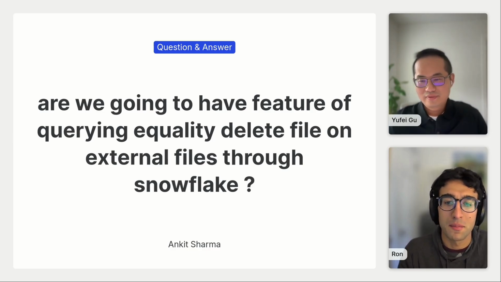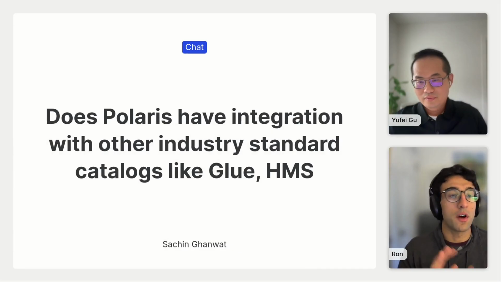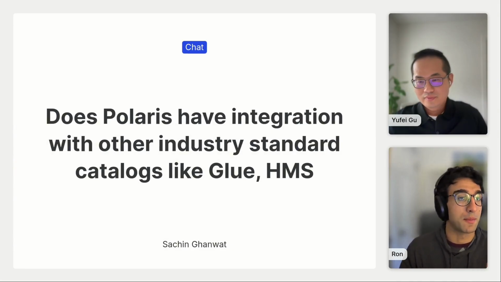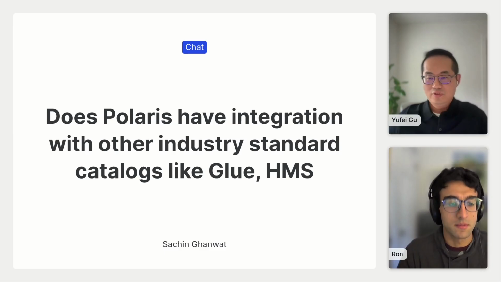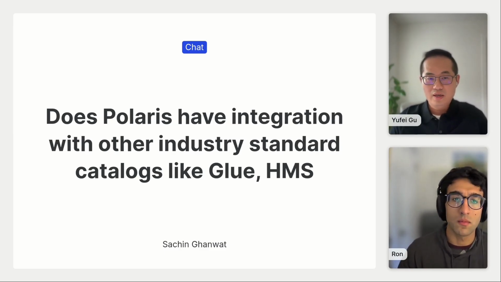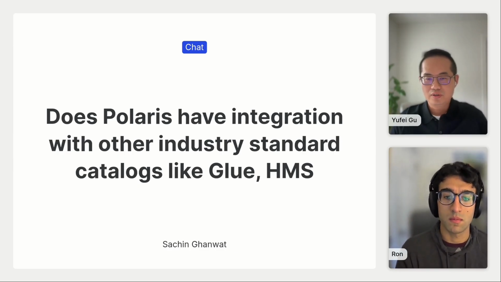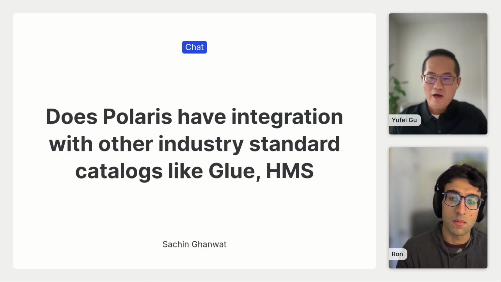Let's see, another one from Sachin. Does Polaris have integration with other standard catalogs like Glue and HMS? Yeah, that's a great question. One of the slides is about catalog federation with Polaris. Polaris right now can support HMS federation.